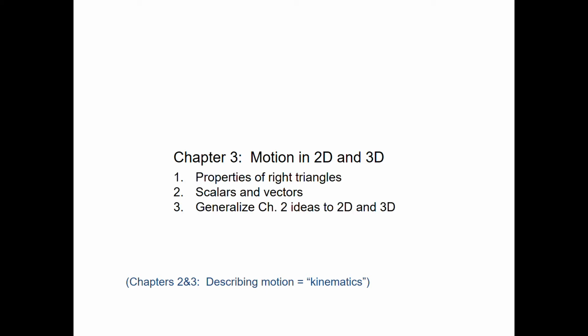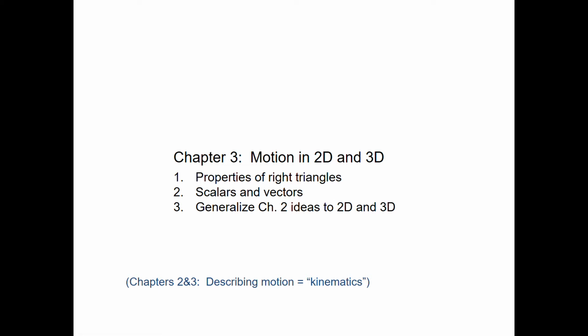of vectors. So what we're going to do in this chapter is first describe some properties of right triangles that you learned about probably in high school, and then use those properties to help us understand the properties of scalars and vectors. Some of you may never have heard of vectors and scalars before, but we'll define them.